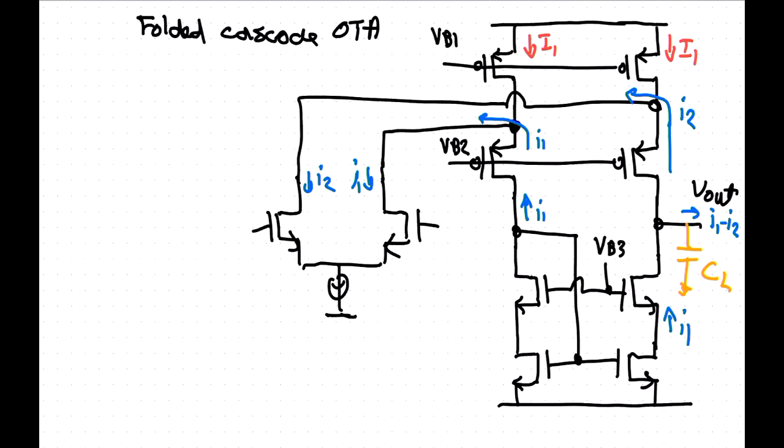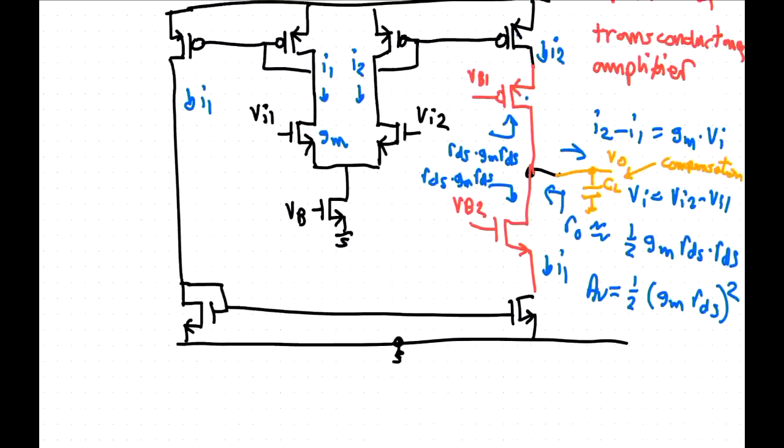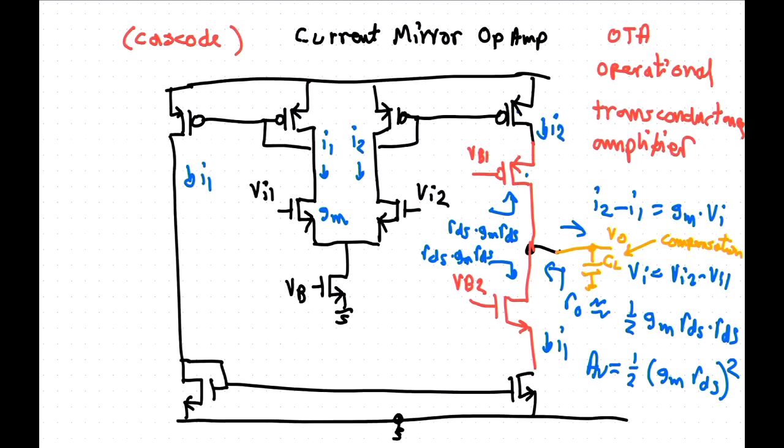If you look at the total current that you have in your op amp, you can increase the current from here to here by making this a 1 to 2 current mirror, for instance, and the bottom one a 1 to 2 current mirror.